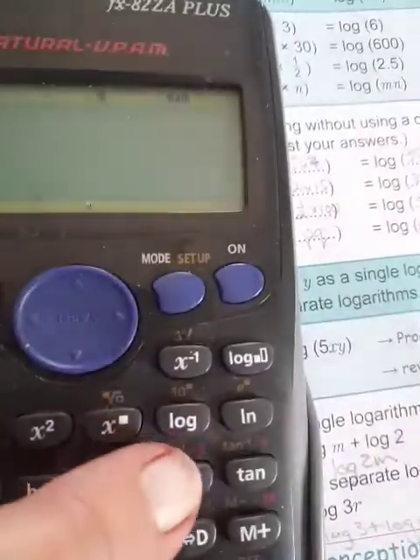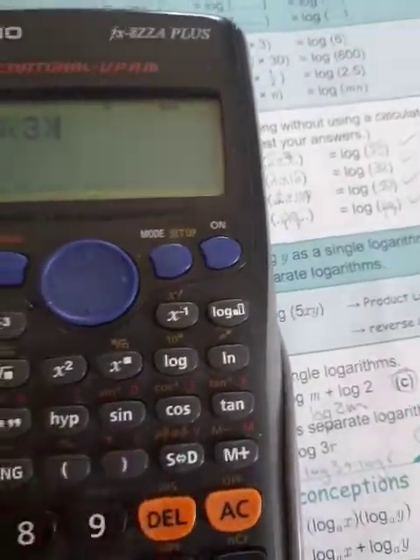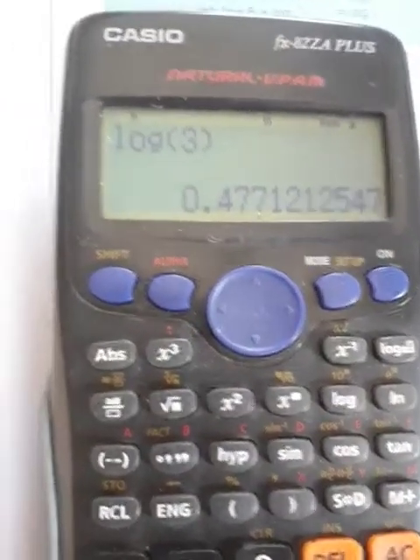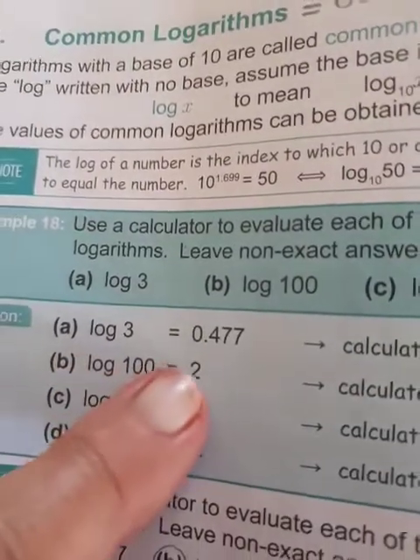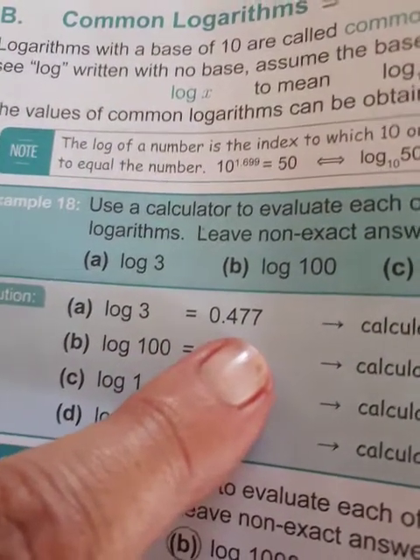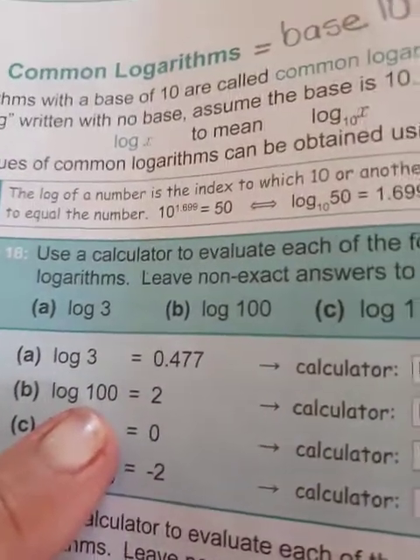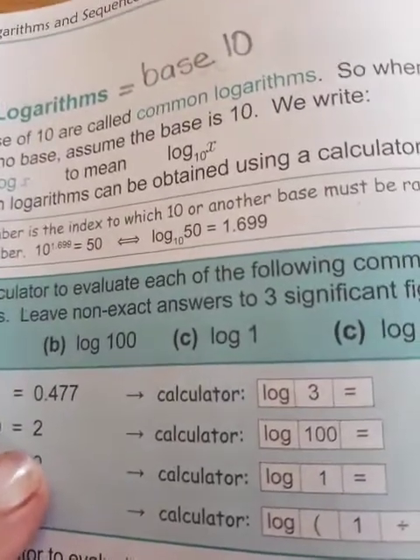The log, this one, the log of 3, you can close your bracket, equals 0.477. The log of 3 equals 0.477.